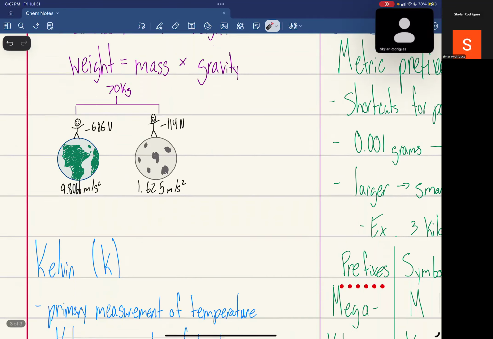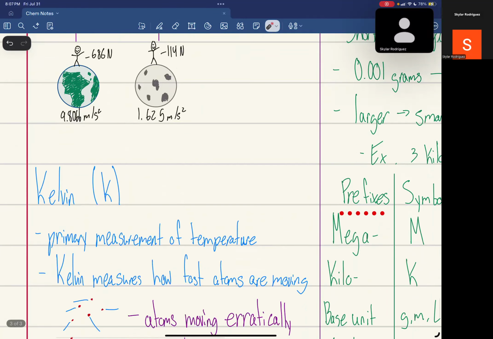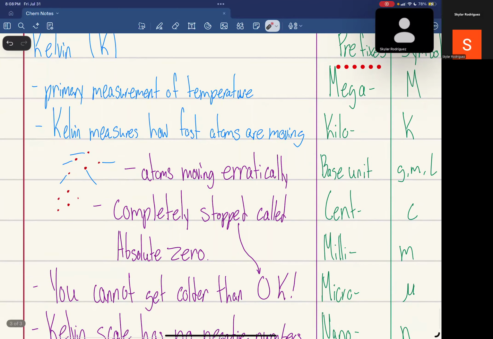The next unit is Kelvin, which is the primary measurement of temperature in science. Instead of measuring how hot or cold something feels to us, like Celsius or Fahrenheit, Kelvin measures how fast atoms are moving. The theoretical point where all atomic movement completely stops is called absolute zero.